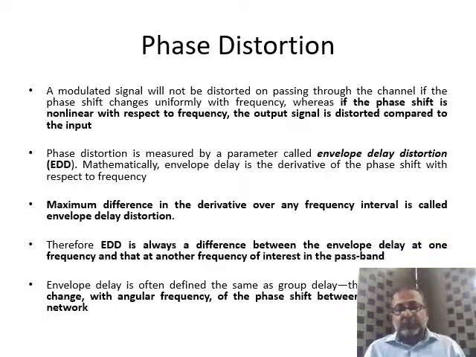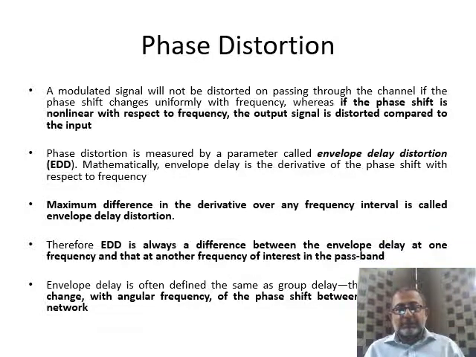If the phase shift is nonlinear with respect to the frequency, the output signal is distorted compared to the input. And how do we measure it? What are the parameters? We call this parameter EDD, or the envelope delay distortion, which is the derivative of the phase shift with respect to frequency.